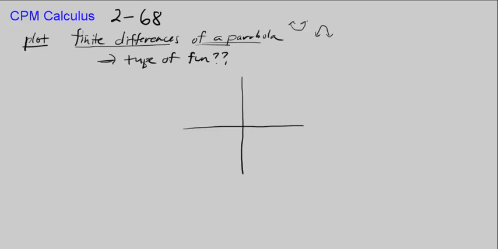So finite differences. Finite differences are basically, for example, if we have y equals x squared, that's one parabola, right? And we have x and y, and then we have our finite differences. So I'm going to explain what it is with this example.